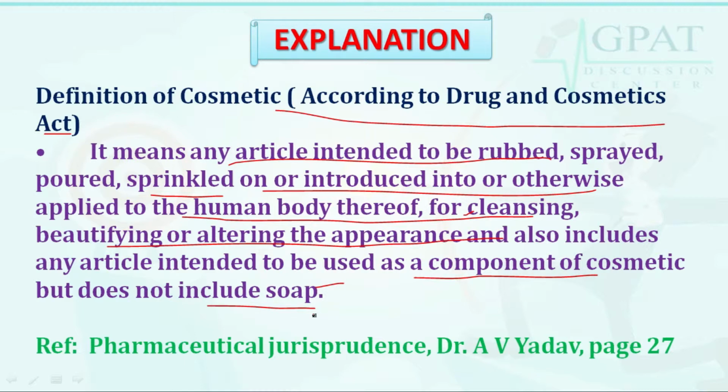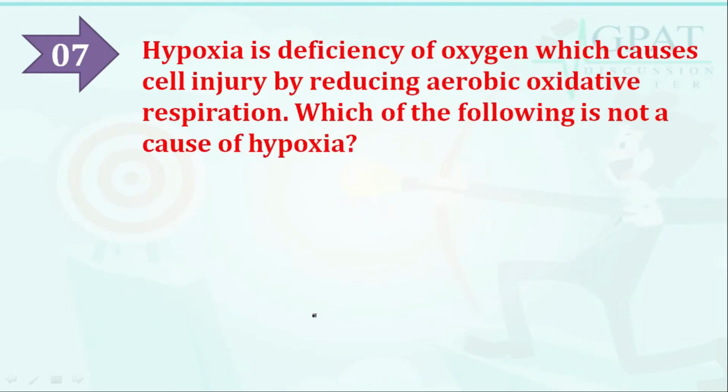So at last, cosmetics are used to alter the appearance of the human body. Students, you can also check in the pharmaceutical jurisprudence, as we also mentioned the reference book, page number 27. So let's discuss the next question.